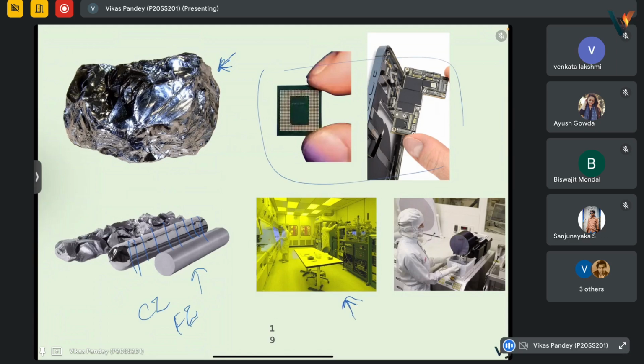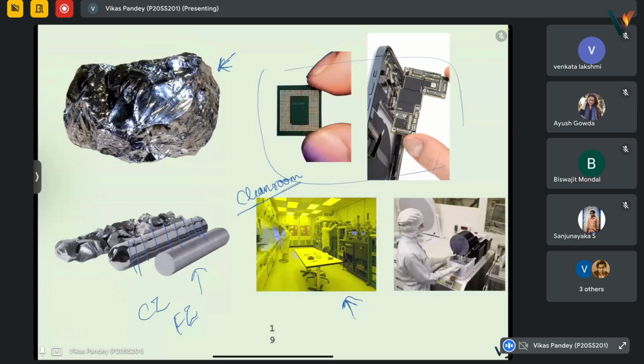Since we are talking about very small devices, micro devices, they have to be processed in a special environment, that is, specific clean rooms. We are doing fabrication in a clean room, where we maintain cleanliness standards. What is the maximum allowed particle size in that room?